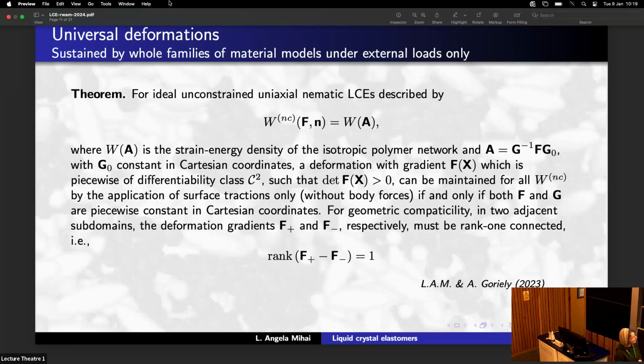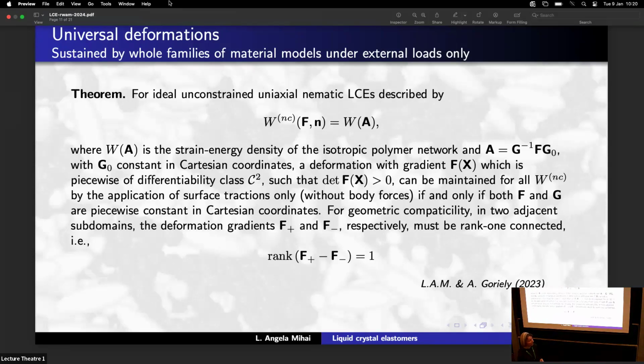So this is again inherited from rubber. The only deformations that can be maintained in all classes of these models are those for which both the deformation gradient F and the nematic component G are piecewise constant in Cartesian coordinates.